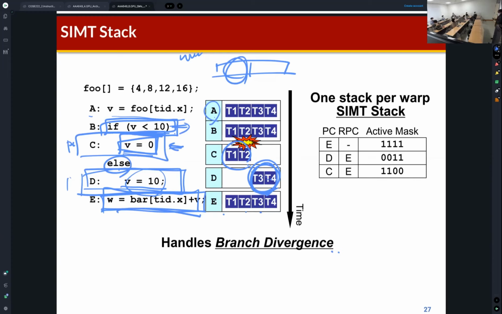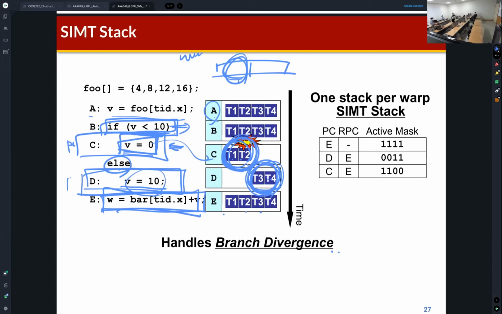Because the GPU supports the SIMT execution model, the GPU needs to support this situation, which means that some threads in a warp execute some instruction, and another part of the threads execute another instruction.